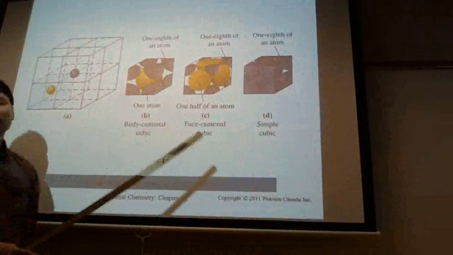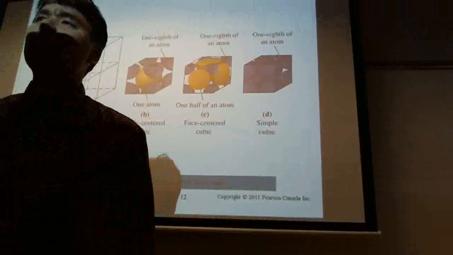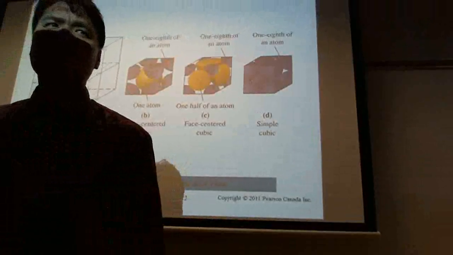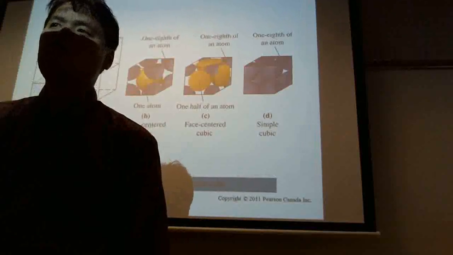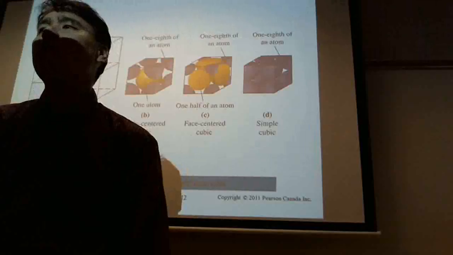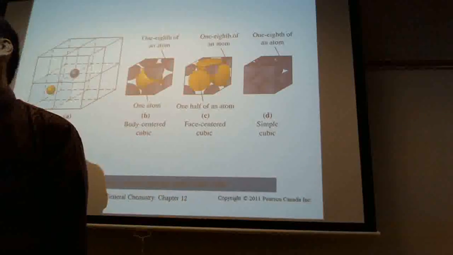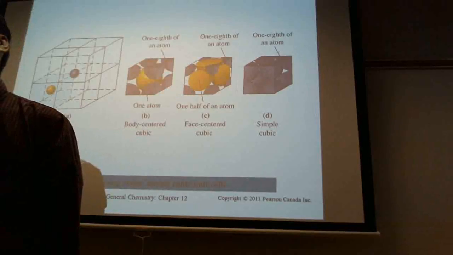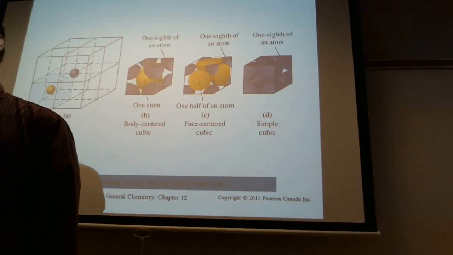The next one we're going to build is the face-centered cubic. You're going to build it 2 ways. This is why you need 2 kits, and don't get the balls mixed up. You're going to build the face-centered cubic cell, and you're going to build the CCP lattice. Can we see an image?